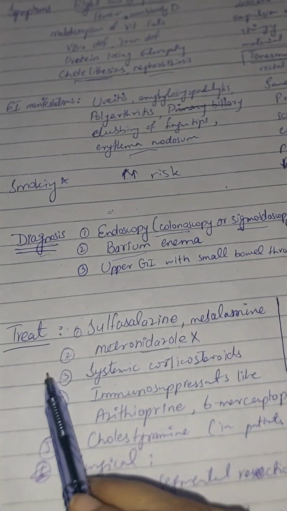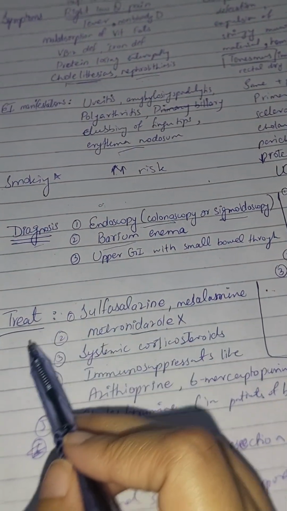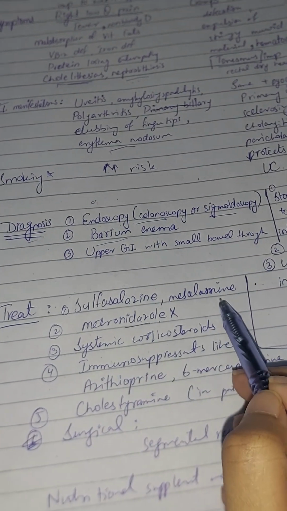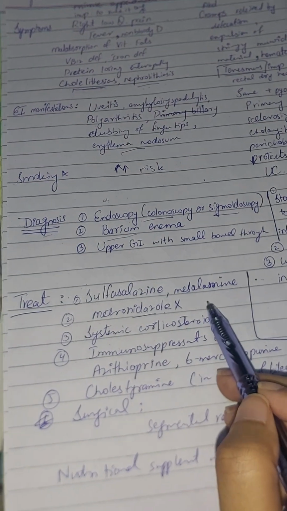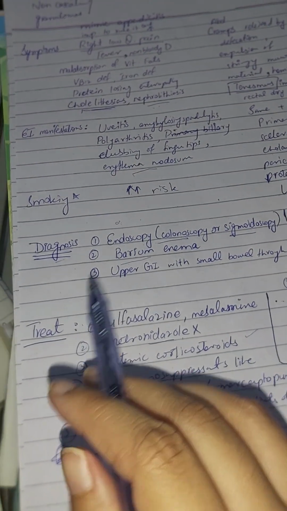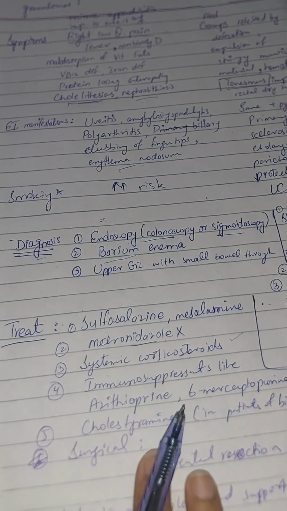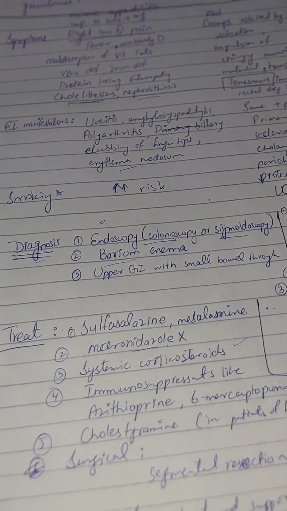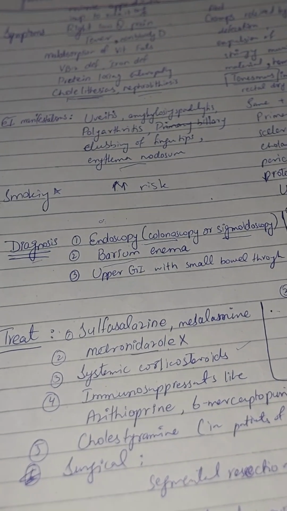Now come to the treatment. After diagnosis, we treat the patient with sulfasalazine and mesalazine. These are all anti-inflammatory, along with immunosuppressants and systemic corticosteroids, as Crohn's disease involves a complex interaction of immune responses.